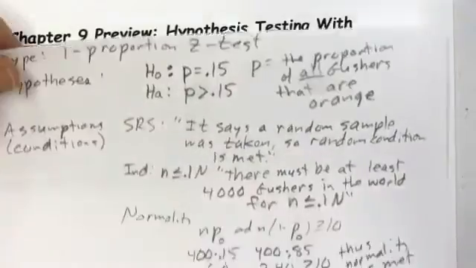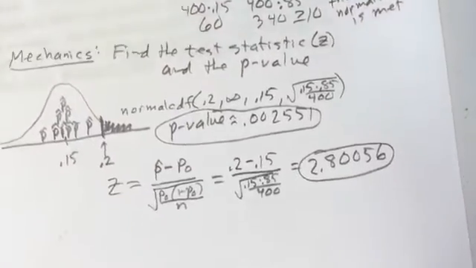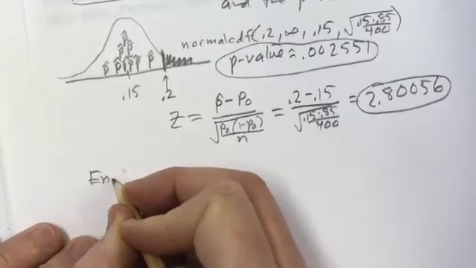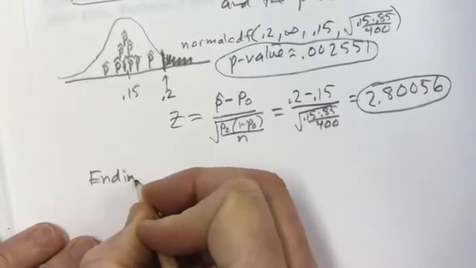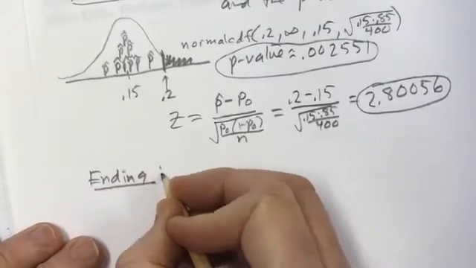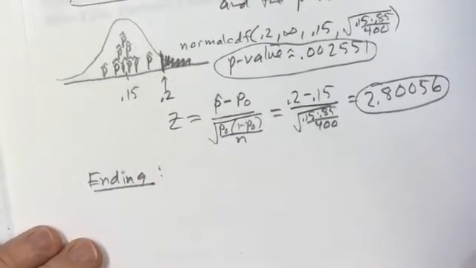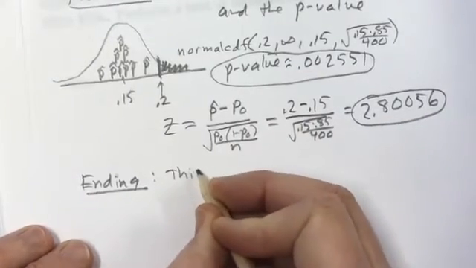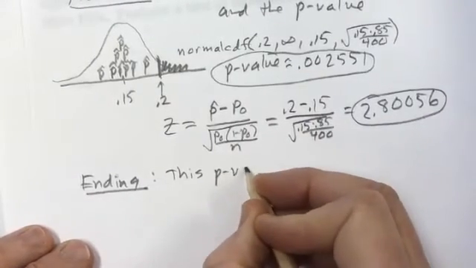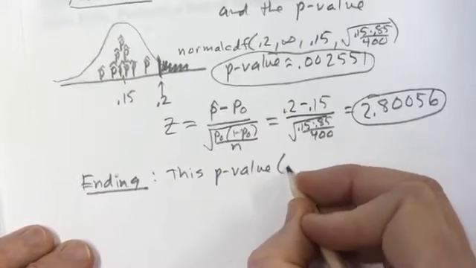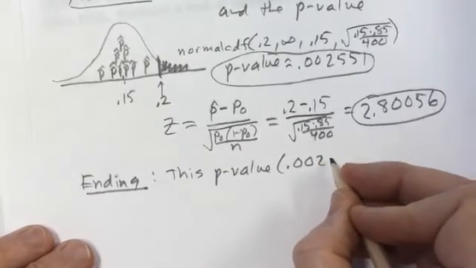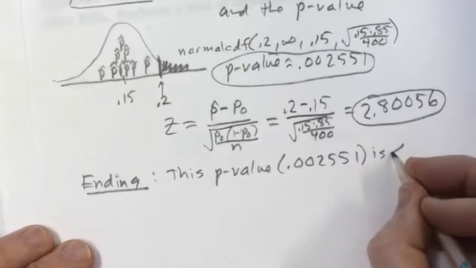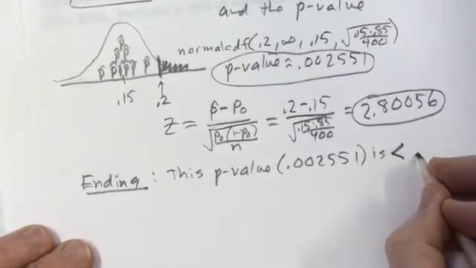And then lastly, your ending is this. You've got to make a decision with your p-value, okay? We sort of said this in chapter 7. We would say this p-value, and you write down what it is, 0.002551 is less than 0.05.